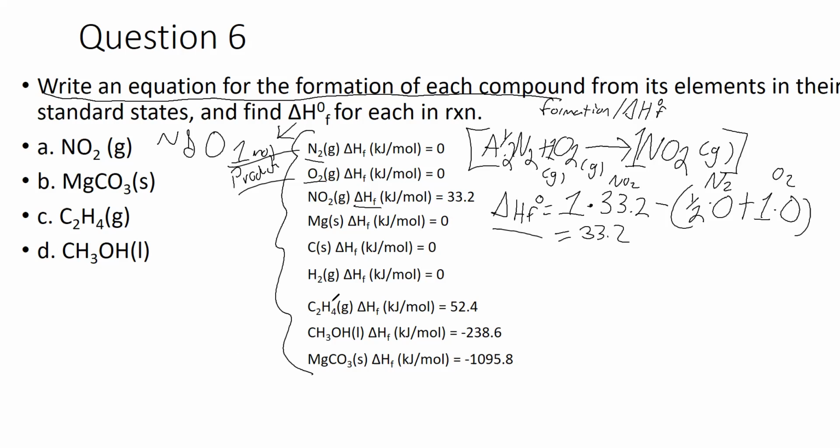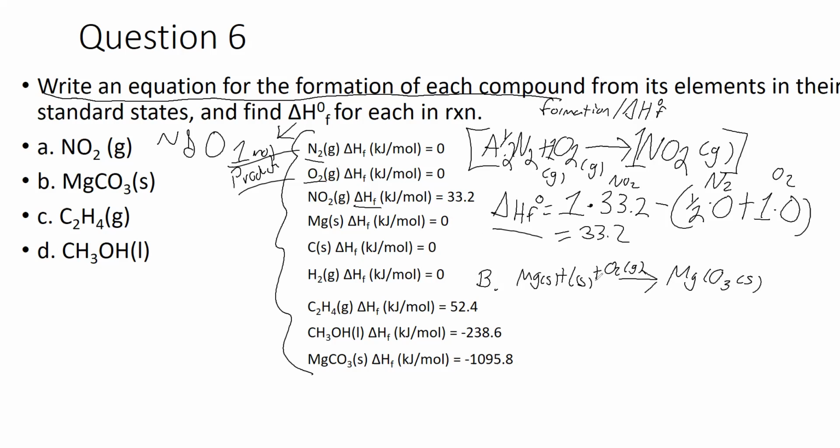All right, let's take a look at B here. So I'm making MgCO3. That's my product. And it's made out of 3 things: Mg, C, and O. MgCO3 solid is made out of Mg solid plus carbon solid plus oxygen gas.